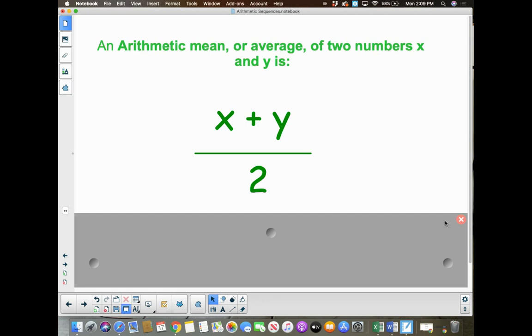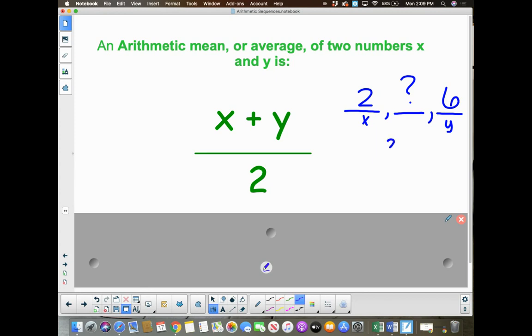Okay, so we have the arithmetic mean or average of two numbers. So if I give you a sequence and I say 2 and then 6, so if I want to know what this part of the sequence is, we can assume, of course, that it's 2, 4, 6, because we know that one. Let's say we didn't know that. So I can take, this is x, this is y, so 2 plus y, or 6 over 2.